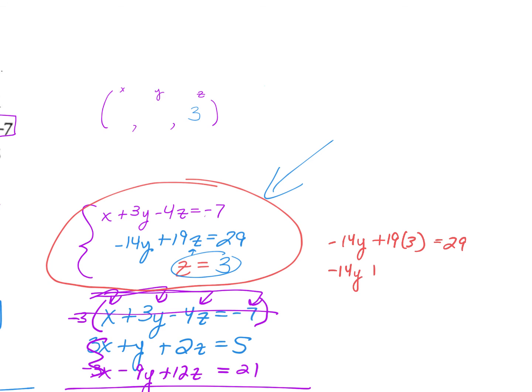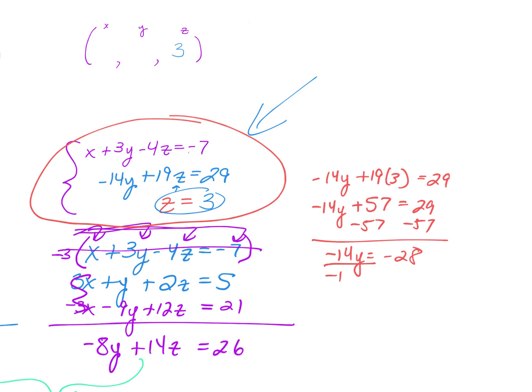Negative 14y plus, what is this, 57, equals 29. Subtract 57 from both sides. You get negative 14y equals negative 28. When I divide by negative 14, what's y equal? 2. That's it. Just 2.